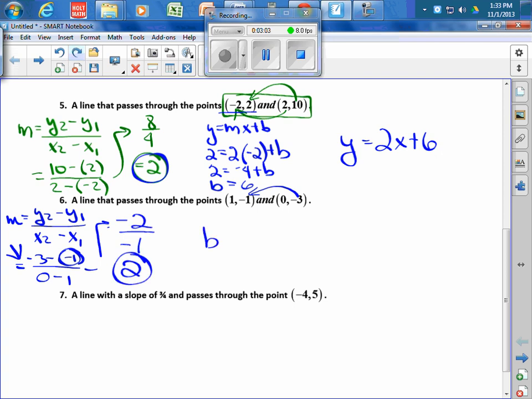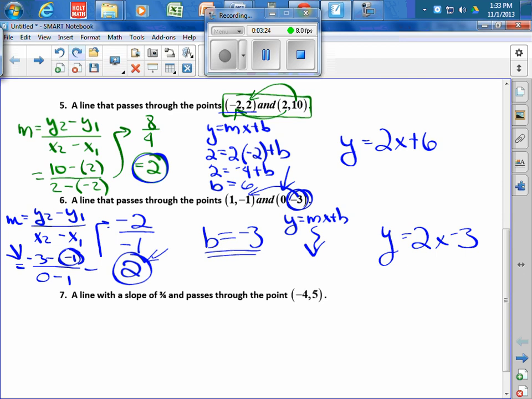Actually, it's given here. Are you catching this? Whenever x is equal to 0, you have your y-intercept, which is negative 3. Now, if you need to, you can go ahead and plug everything into y equals mx plus b. You're still going to get b is equal to negative 3. But then you get your equation, y is equal to 2x minus 3.